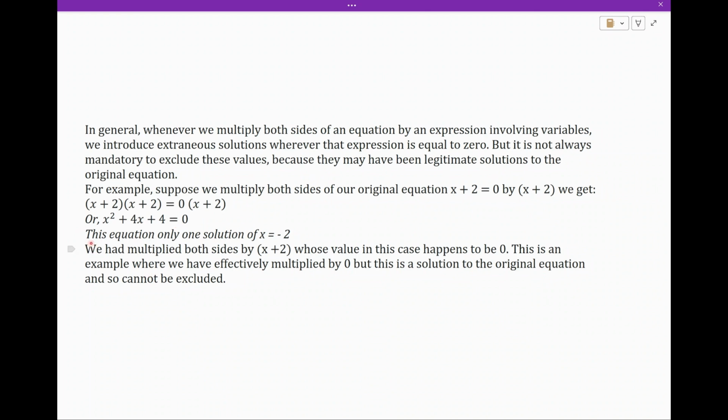This equation has only one solution, that is x is equal to minus 2. We had multiplied both sides by x plus 2, whose value in this case happens to be 0 because x is equal to minus 2. This is an example where we have effectively multiplied by 0, but this is a solution to the original equation and so cannot be excluded.